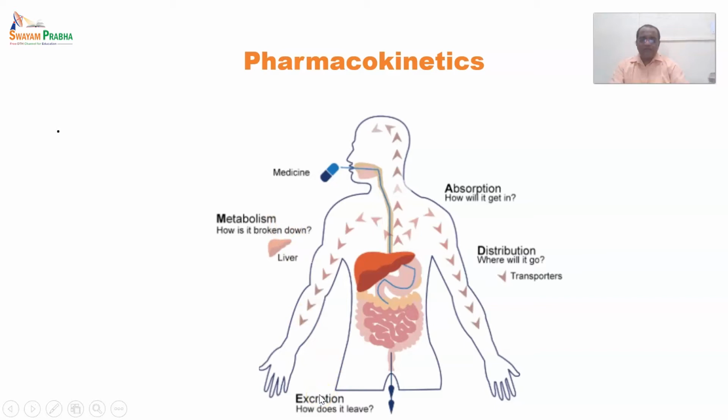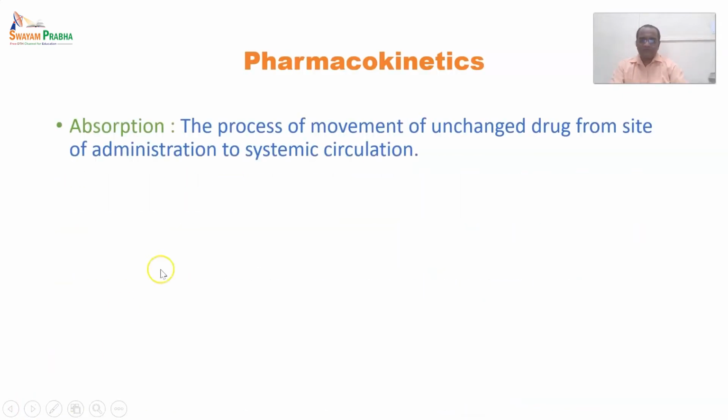So we'll see now the concept of each individually. Absorption is the process of movement of unchanged drug from the site of administration to the systemic circulation. It is important to understand here that it is unchanged.